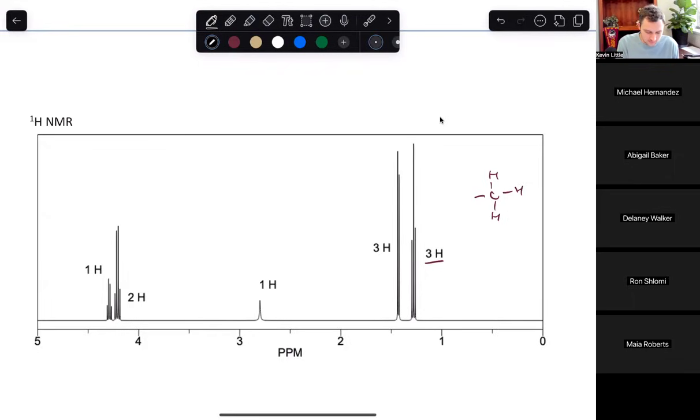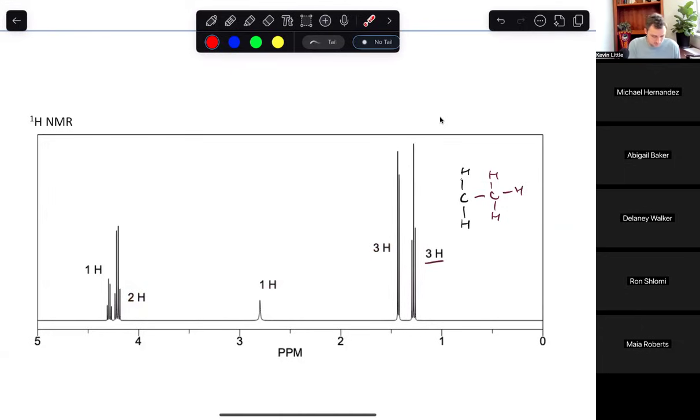So I have a three hydrogen triplet, and I know that those three hydrogens have two next door neighbors because it's a triplet. Then I look at the rest of the graph. This isn't two hydrogens, this isn't two hydrogens, this is. I only have one other thing that's two hydrogens big, right?